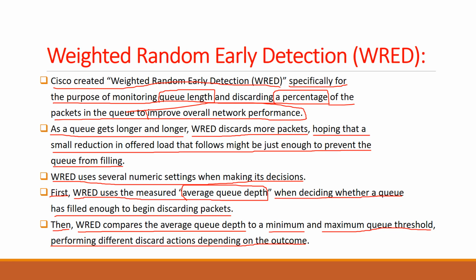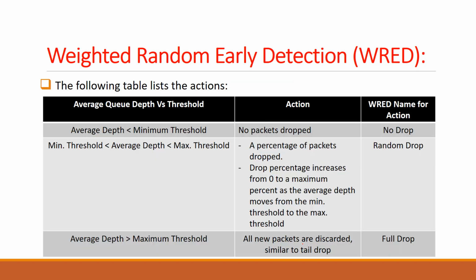What does this mean? It means that first, WRED uses a value called average queue depth, which can be measured from the queue length, and then compares this value to a minimum and a maximum threshold. What will happen before the minimum, between the minimum and the maximum, and after the maximum threshold, we will demonstrate in this table.